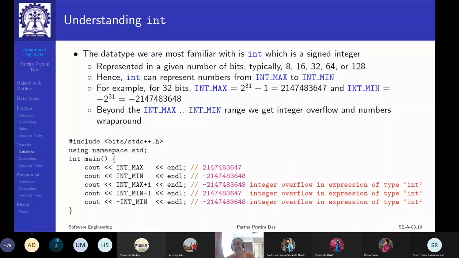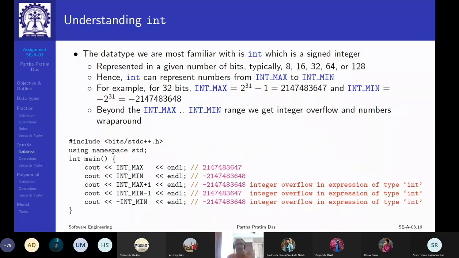If you overflow on the maximum side, you start from the minimum value, and if you overflow on the minimum side, you start from the maximum value. So this is the characteristic. That's why I'm saying to understand the notion.